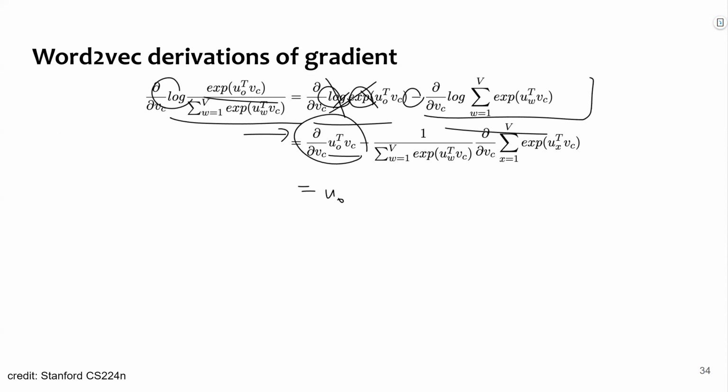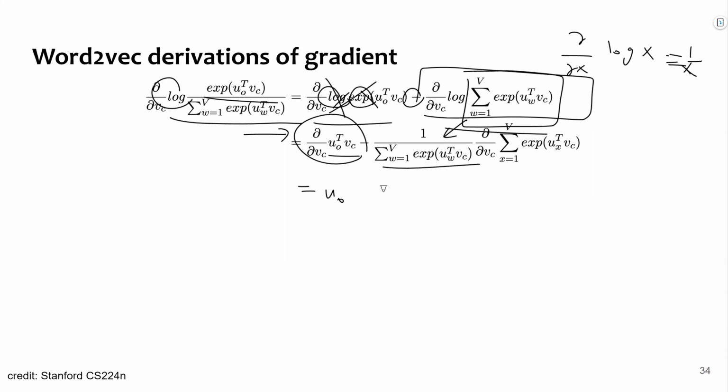And when we come to this point, it is somewhat tricky. However, when you derive log x, we know it is 1 over x. And because this is x, it goes to the denominator, the bottom side like this. And we need to derive this one once again to apply the chain rule.